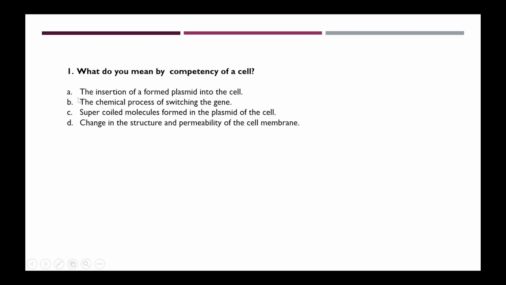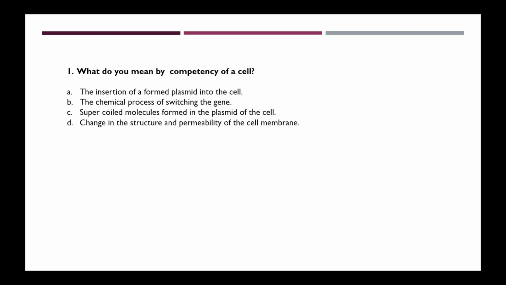Okay, so first option is the insertion of a formed plasmid into the cell. Is that the thing which you understand by competency? Whether the first option is correct? Anyone? What do you think? No, ma'am. What about the second one?